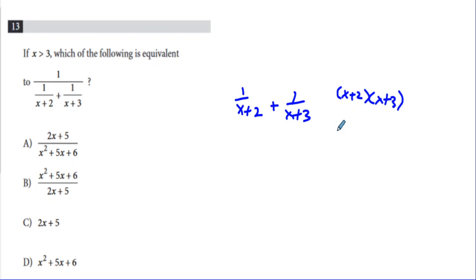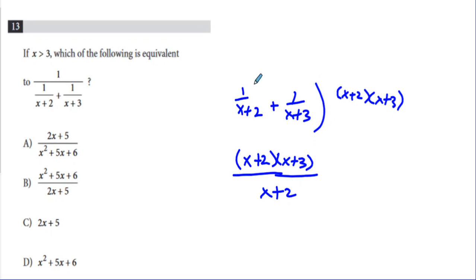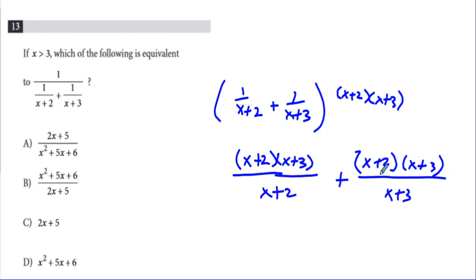If I multiply this first one by x plus 2, x plus 3, the top is going to look like x plus 2, x plus 3 over x plus 2, and this whole thing's being multiplied by it. And then the second part, this one's also going to be x plus 2, x plus 3, and on the bottom of this second term, I have an x plus 3. And if you notice what happens here, we get some nice canceling happening.